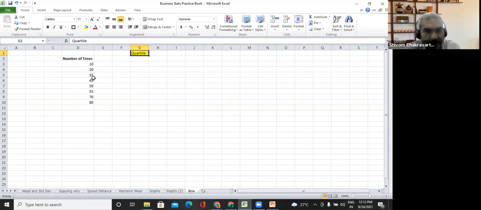First we divide the data into two halves. Let us see how many data points there are: 1, 2, 3, 4, 5, 6, 7, 8.